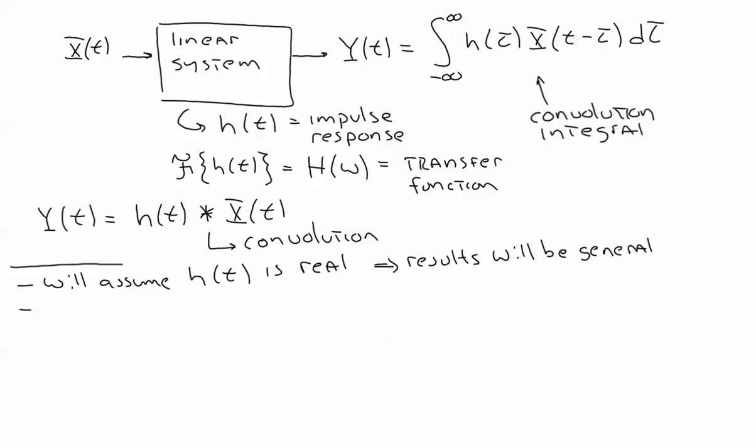Second thing is we're going to assume that my input and output, x of t and y of t, are at least wide sense stationary.